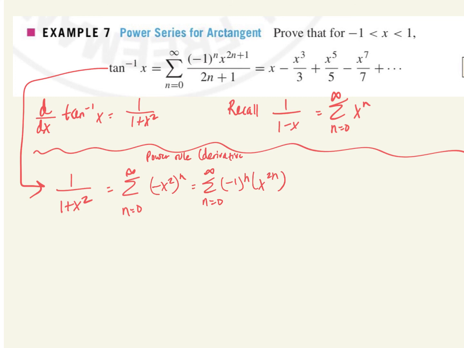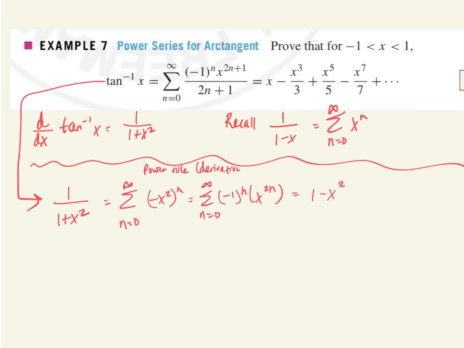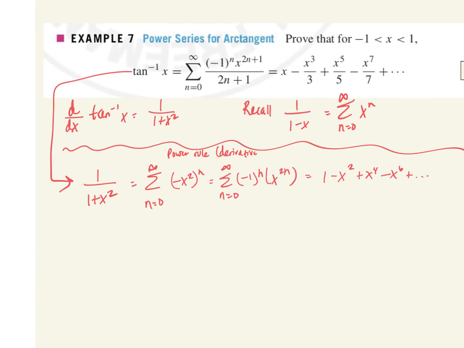Which would be equal to 1 minus x squared. I'm still just deriving, right? Now I'm on to the third part, because the 3 would drop down, the 3 would cancel, etc. Plus x to the 4th, minus x to the 6th, etc. So this line of work is just the derivative of this whole thing. Okay? I'm going to kind of chunk this off.